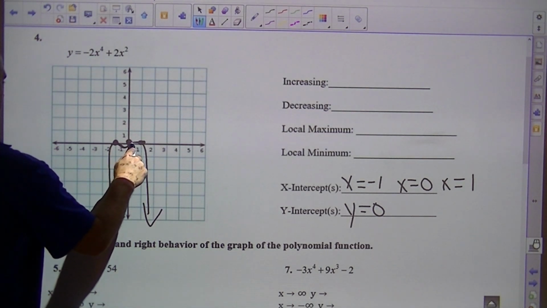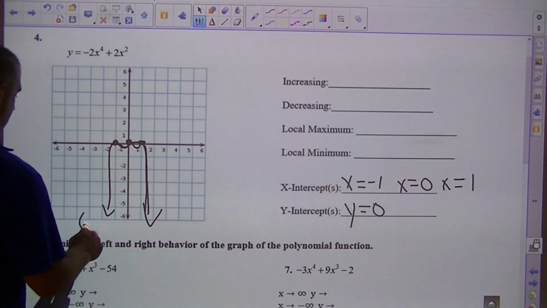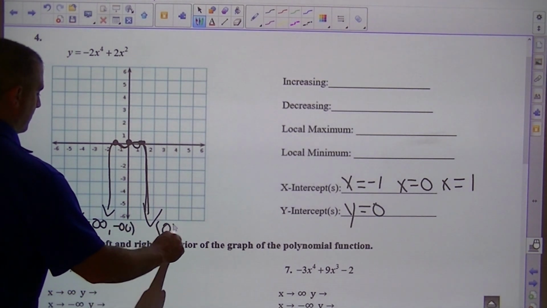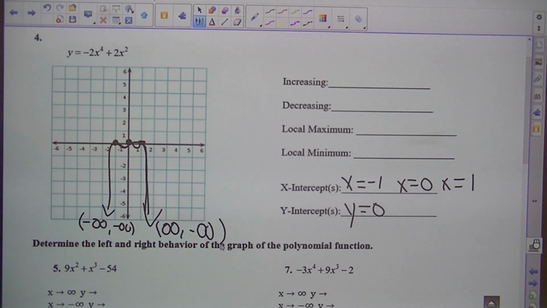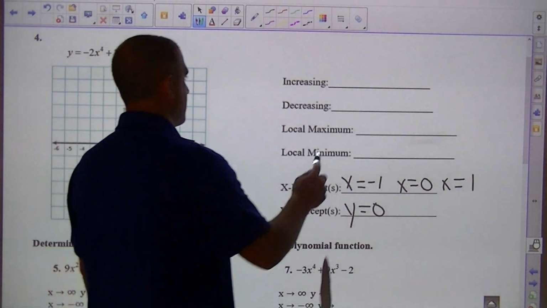So it goes like this. Okay, so this would be -infinity, -infinity. This would be positive infinity, negative infinity. Okay, so increasing, decreasing. Okay, it's going to increase from -infinity to -1.